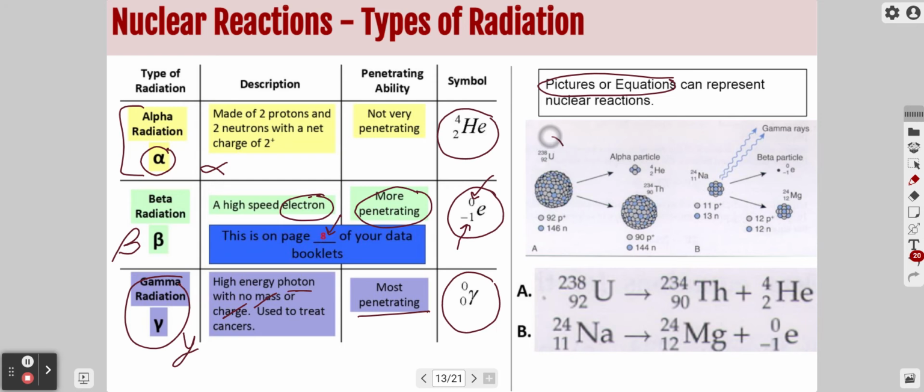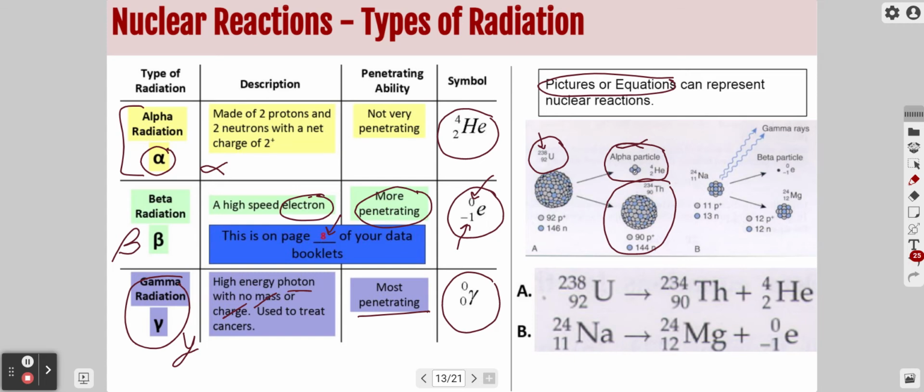So you could have something like this. This is uranium-238. You can see the mass number there, 238, so isotope 238. And it's releasing an alpha particle, so a helium atom. And whatever's left over now turns into thorium, I think it is, 234.